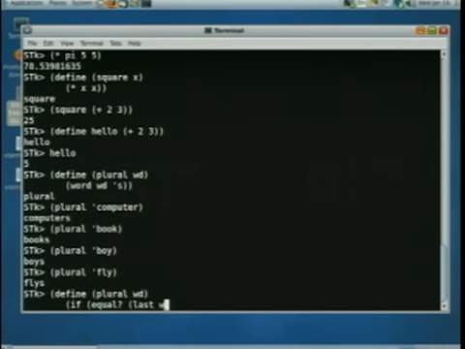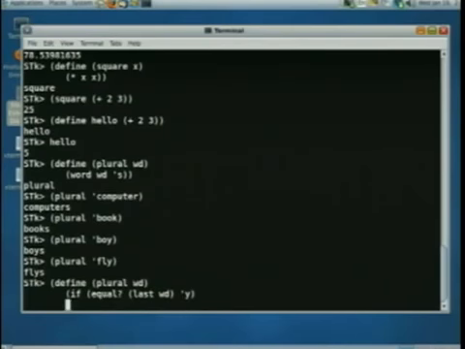So if the last letter of wd is equal to, quote, Y. Last of word is a procedure call, but the Y, I actually want the letter Y itself, so it's quoted. So if those are equal, then I'm going to return word, all but the last letter of my argument word, and then IES.